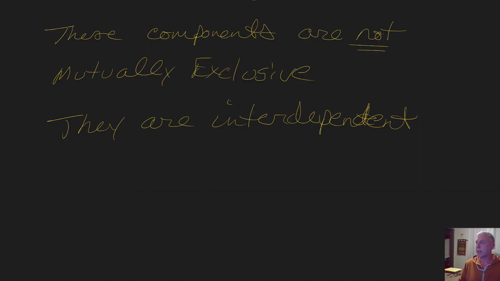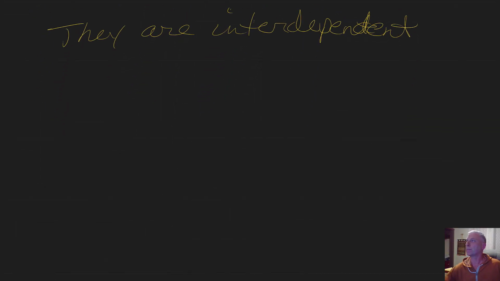So why don't we start at the beginning and look at the planimetric component. That's where we're going to spend most of our time over the next few weeks, with the planimetric component.